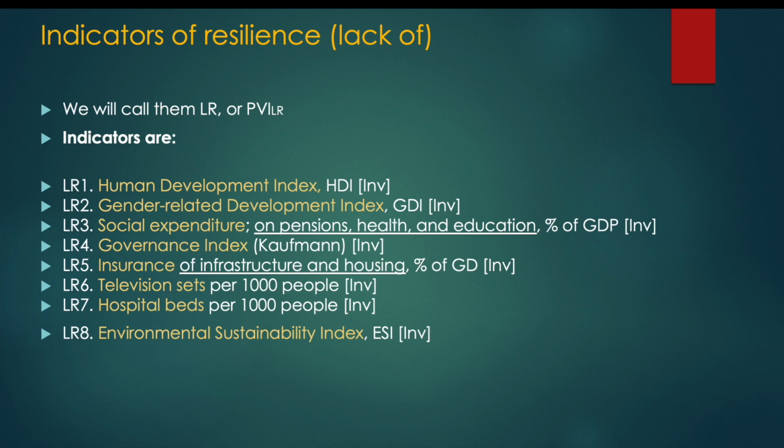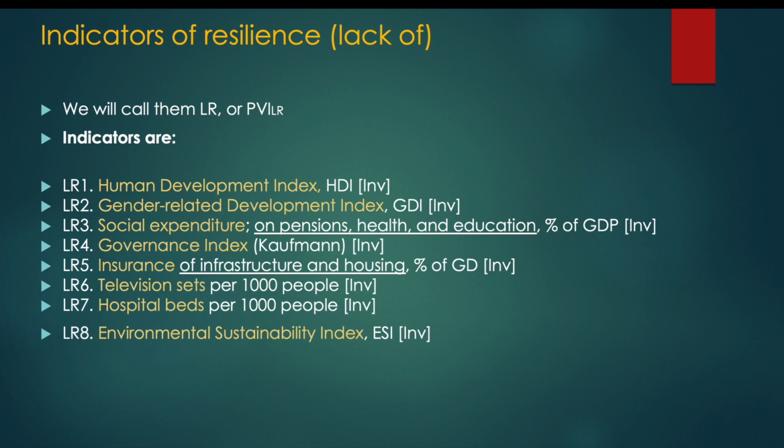So in terms of LR, we can say that the lack of resilience, seen as a vulnerability factor, may be represented at all levels by means of complementary or inverted treatment of a number of variables related to human development levels, human capital, economic redistribution, governance, financial protection, collective perceptions, preparedness to face crisis situations, and environmental protection.